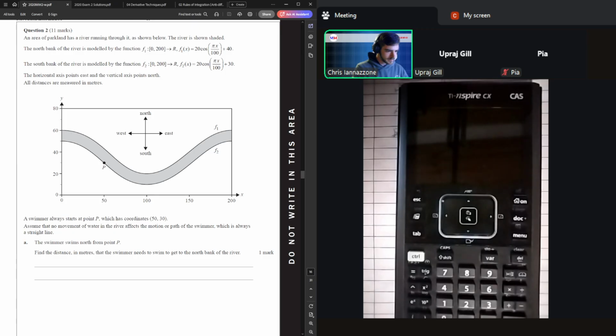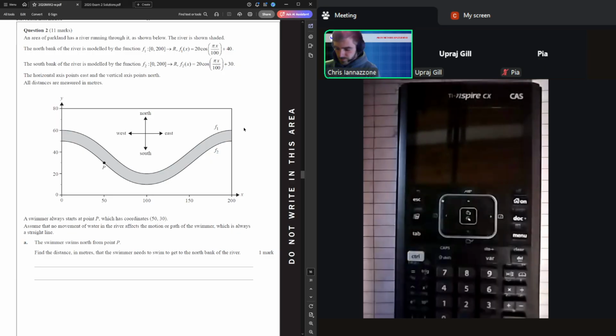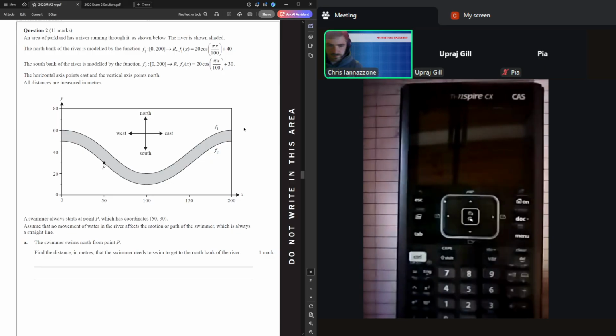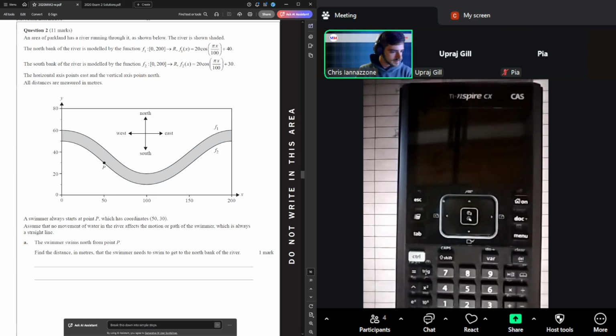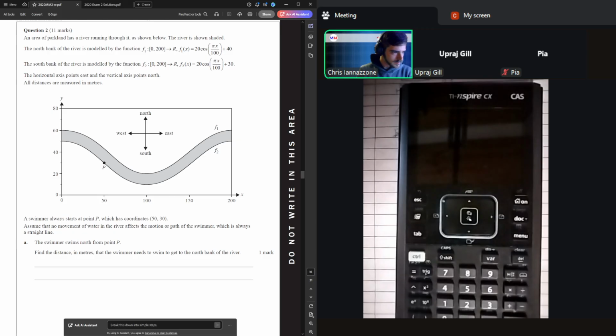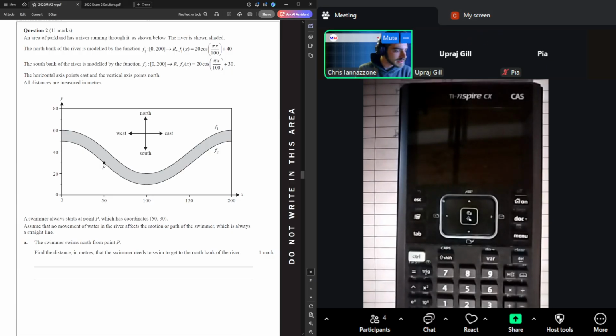Cool. There's a context for this one, but the overall questions that get asked after you understand the context aren't so bad.